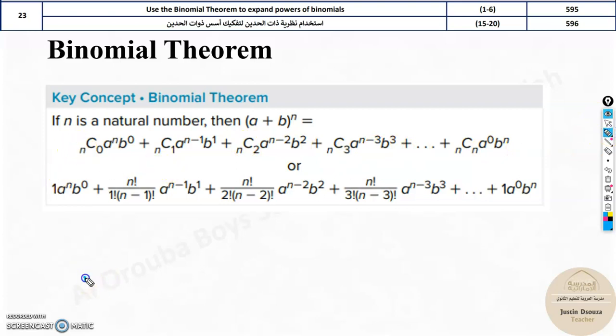It always starts with n, the degree. nC0 is the first one, and the r value keeps on changing: 0, 1, 2, 3. Whatever you start with, its full degree will be the first term. The second term is 1 because it's b to the power 0, so it's not there. Then all you need to do is keep on increasing. See, this n does not change.